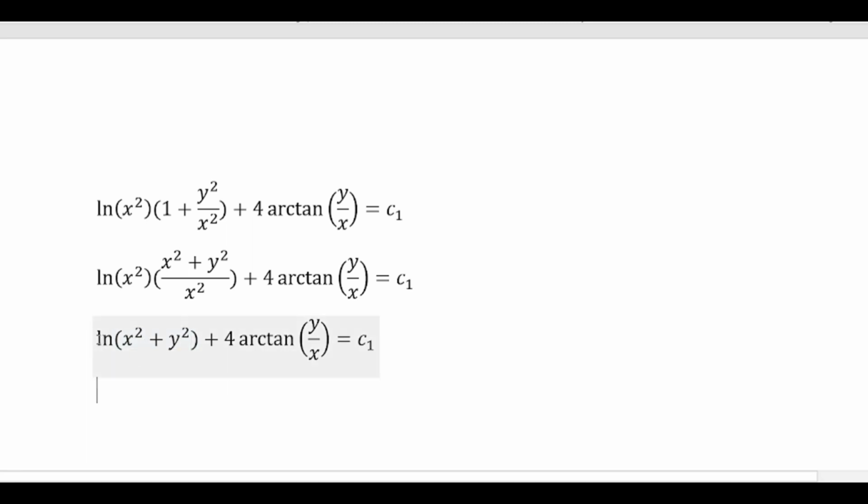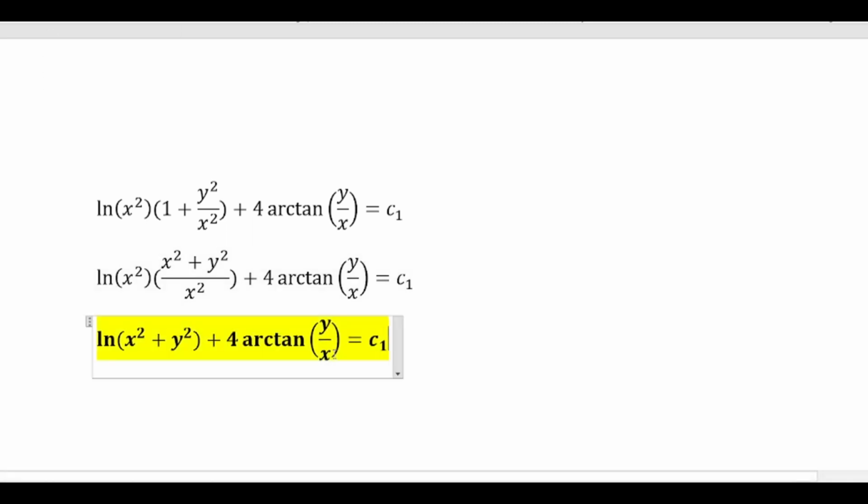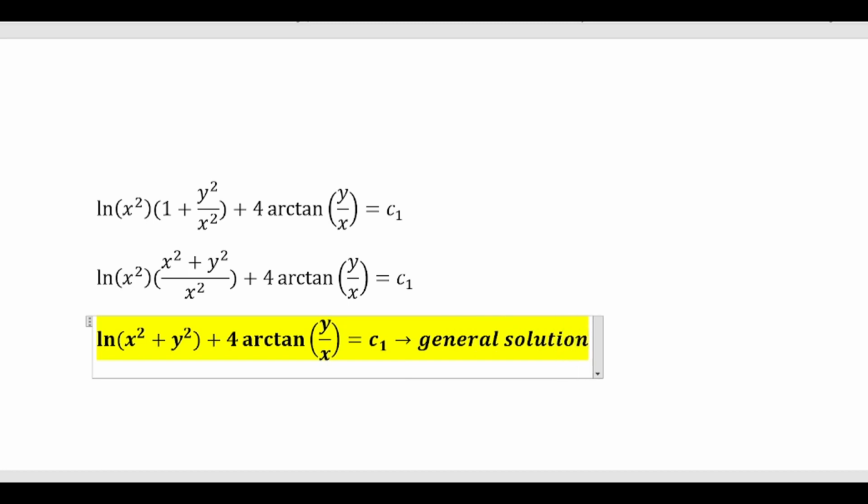So this is our general solution: ln of the quantity x squared plus y squared, plus 4 arctan y over x, equals, of course, c. This one can also be denoted as only C. This one is still a general solution since there's no boundary given.